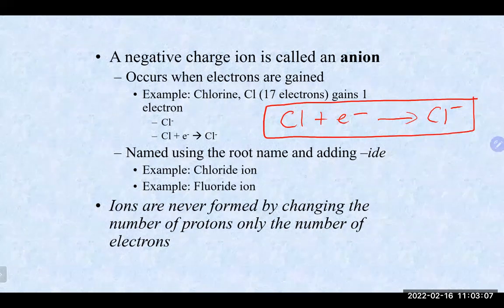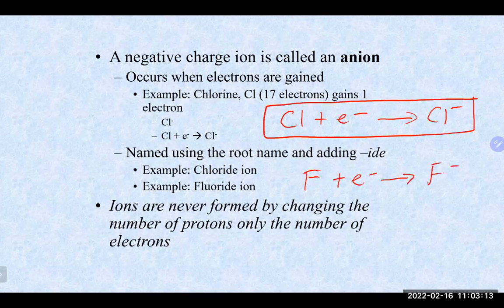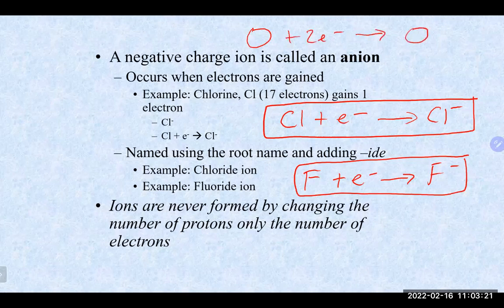You could do the same thing for fluorine as well. Fluorine will also gain 1 electron and become fluorine with a negative charge. You could also have oxygen that will gain 2 electrons, and it will end up with an oxygen with a -2 charge.